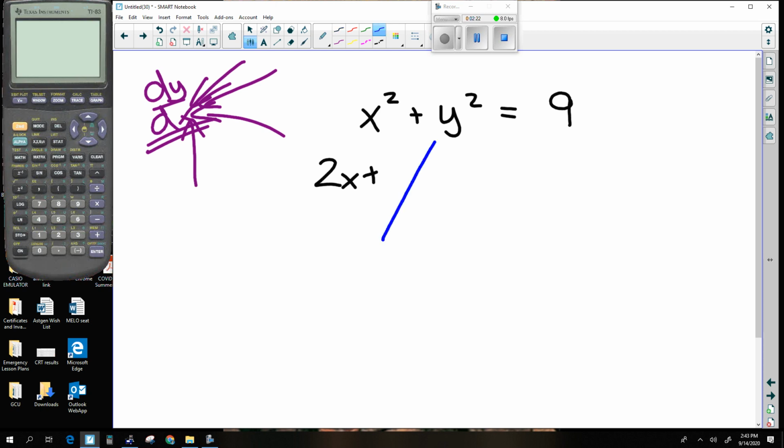Now where I'm at on the problem is this y squared. And so what I do when I come to a different letter that is not that bottom letter, you still take the derivative just like you normally would as if it were an x. So I'm going to treat this y just as if it were an x.